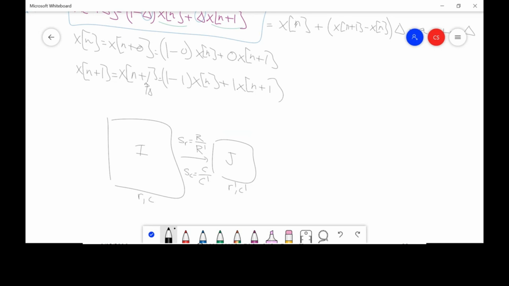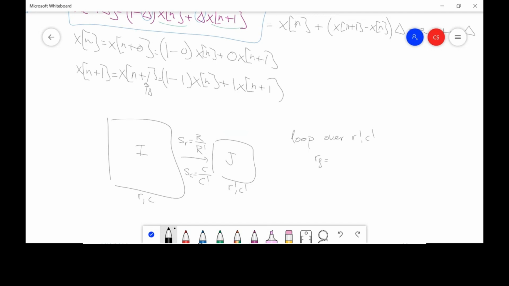These are capital C's. So then loop over R prime, C prime. For every point, we will compute the fractional coordinates.